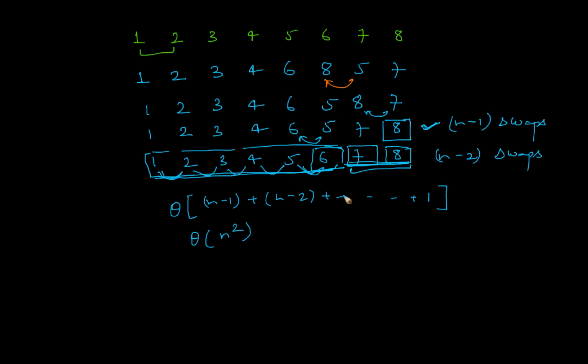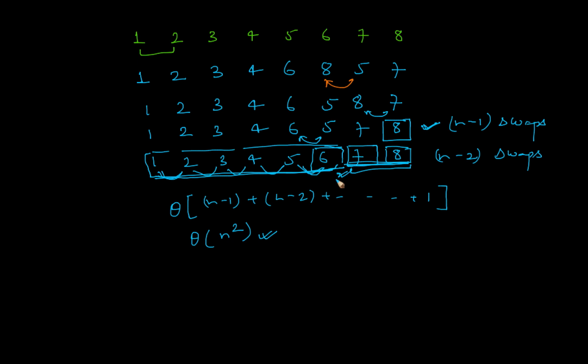Then, instead of going again for n minus 3, n minus 4, n minus 5, all the way till the beginning, which is what gives us theta n square time, we will stop there and exit the bubble sort algorithm, and say that okay, the sorting process is done.